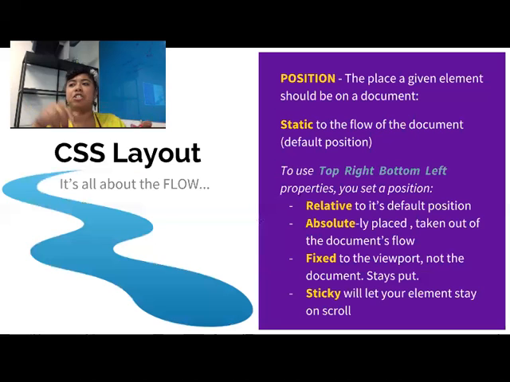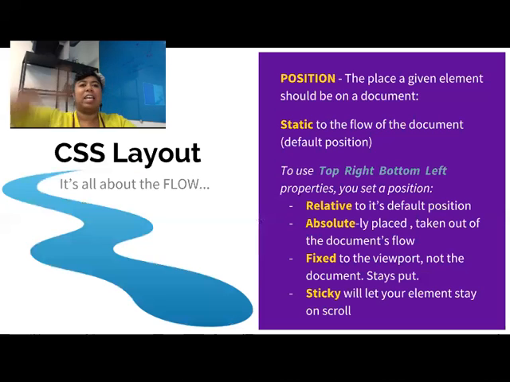Then you can change those specifications based on top, right, bottom, left, and you would utilize measurements like percentage, pixel, em. Absolute means that instead of being statically positioned, now I am absolutely placed in this spot.